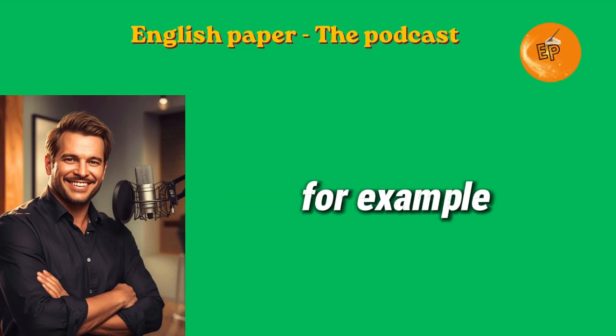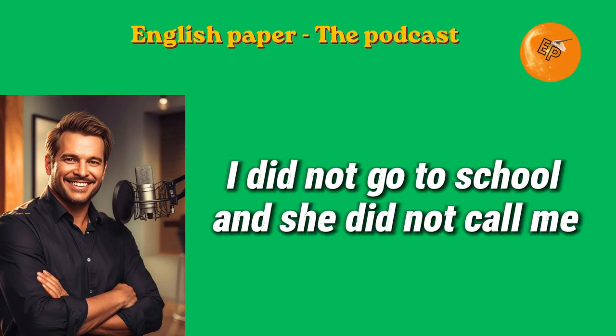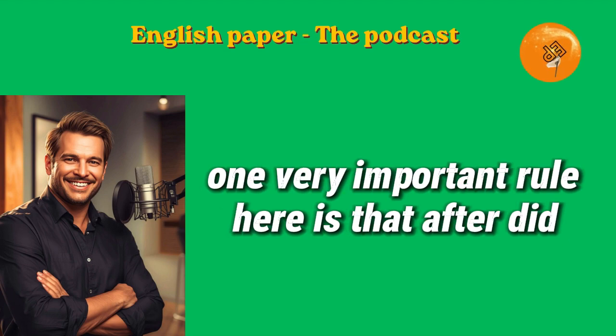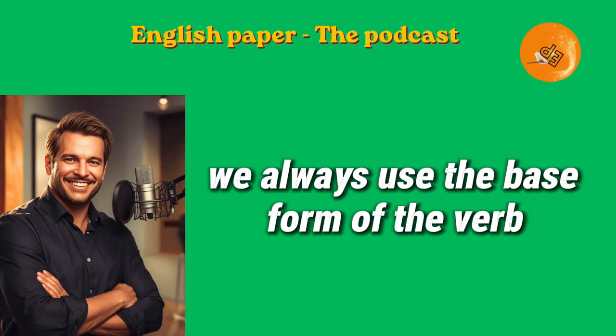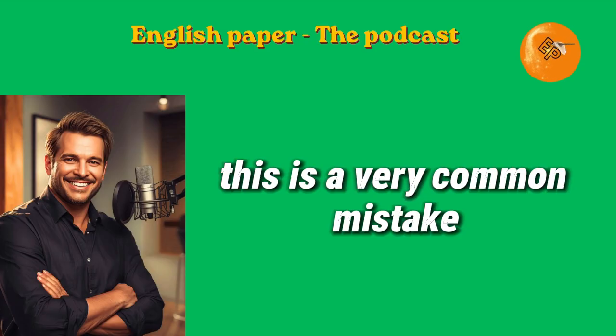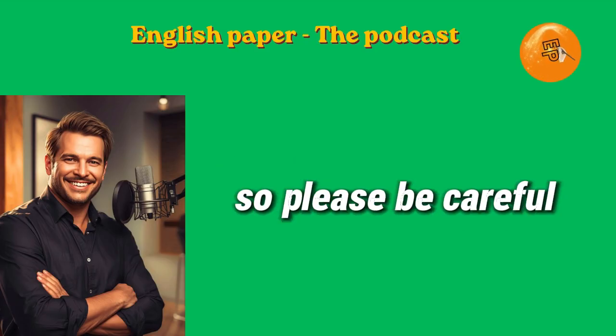For example, I did not go to school and she did not call me. One very important rule here is that after did, we always use the base form of the verb. So we say did not go, not did not went. This is a very common mistake, so please be careful.